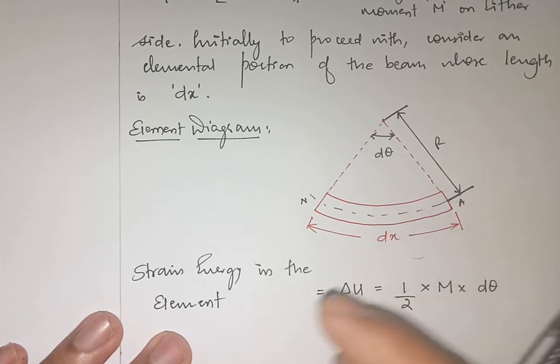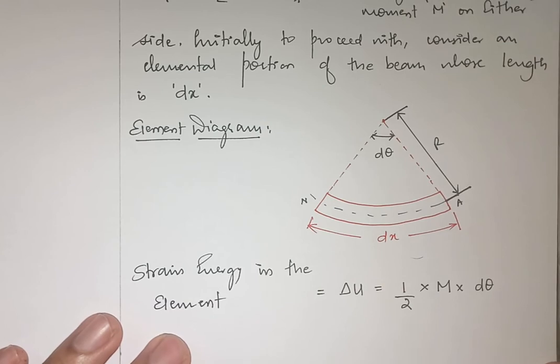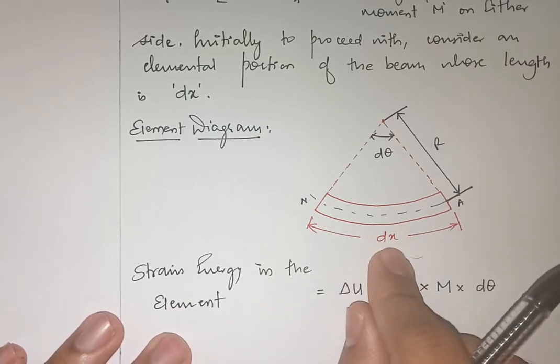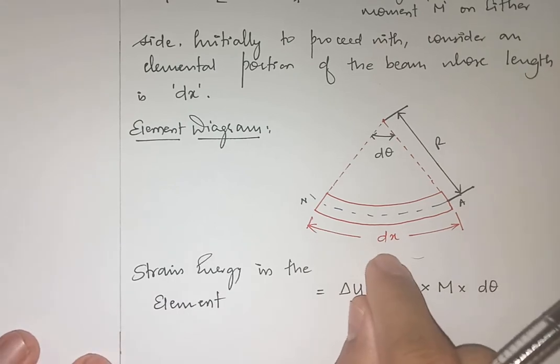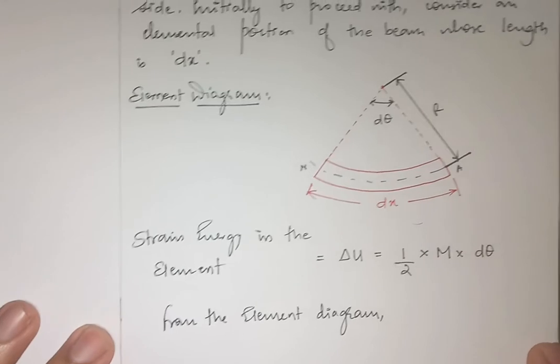From our trigonometric knowledge, which we studied in PUC and in engineering mathematics, for this kind of sector arrangement, L is equal to R theta. From the element diagram, I can write L is equal to R theta.